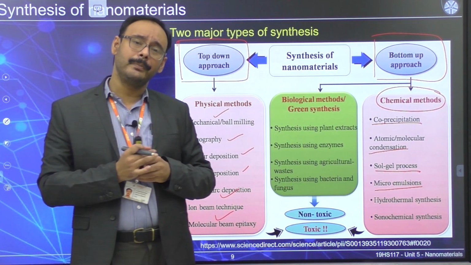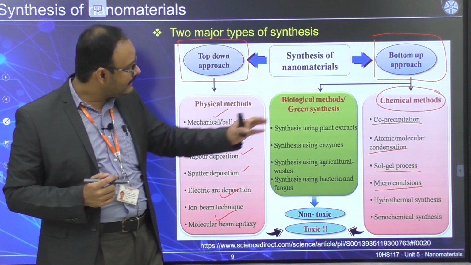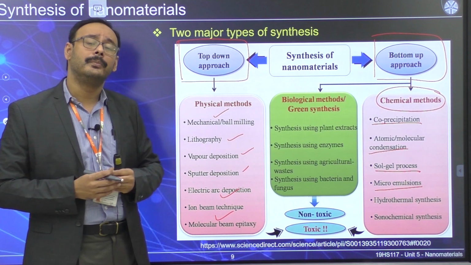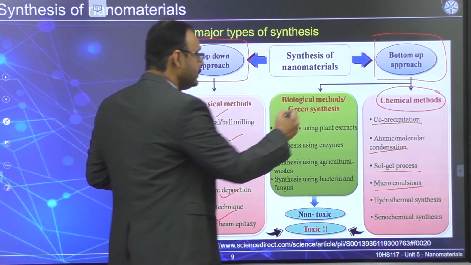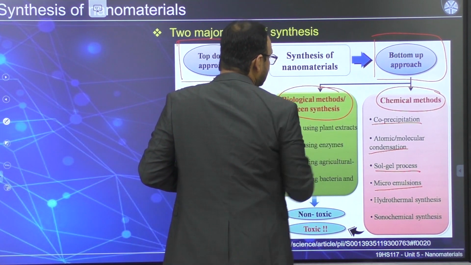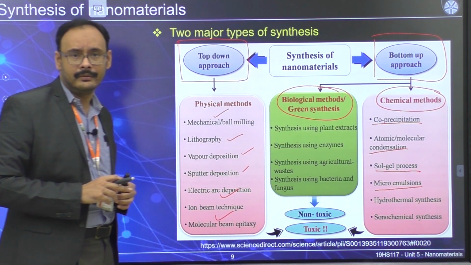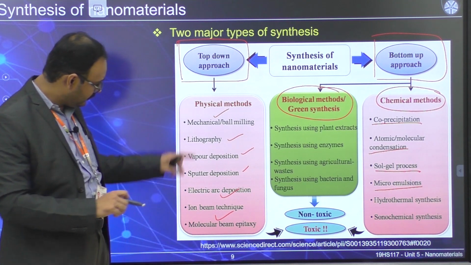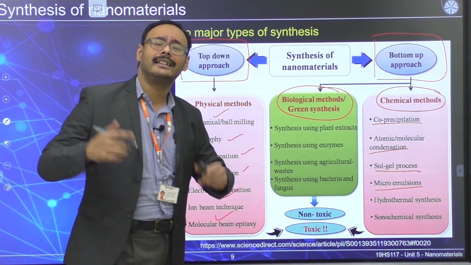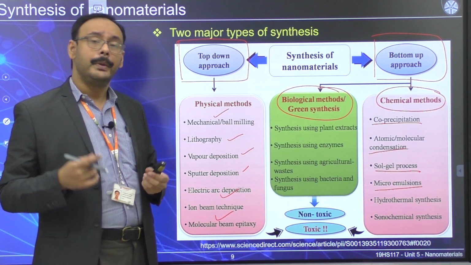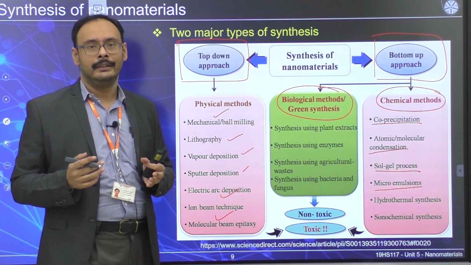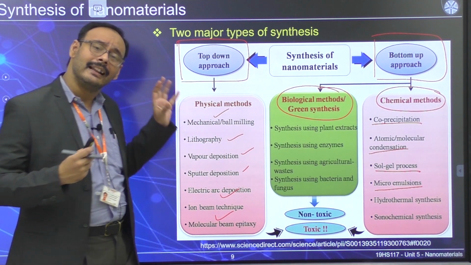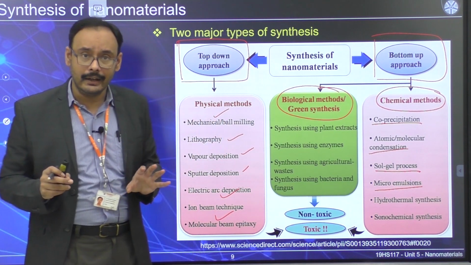Now recently people have found that in addition to these chemical methods, in the bottom up approach there is another one which we call biological methods or green synthesis. What are those? When you talk of synthesizing nanomaterials, at least in the beginning, people were not very sure about what was going on, and they ended up having the nanomaterials which they wanted.